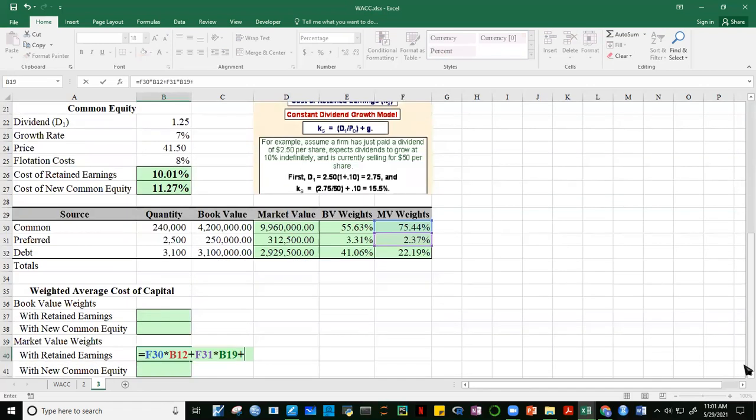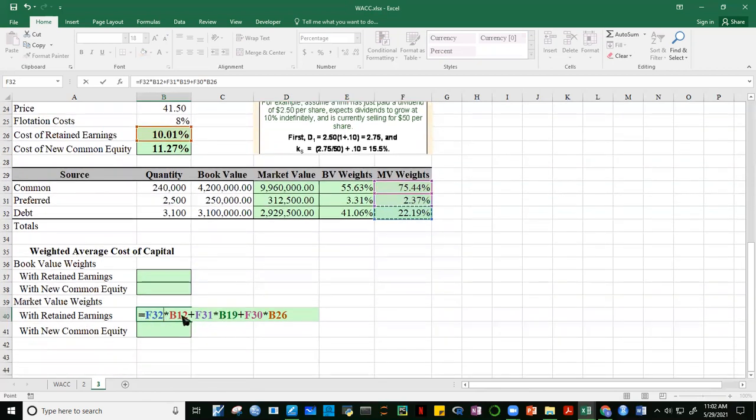And then plus weight ng common stock multiplied by the cost ng common stock using the retained earnings. Okay. So ulit, weight of the debt times after-tax cost of the debt, weight ng preferred times cost ng preferred, weight ng common times the retained earnings cost ng common.